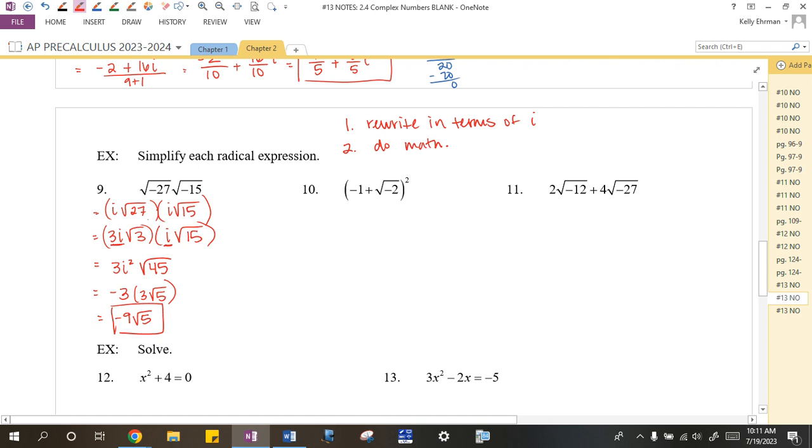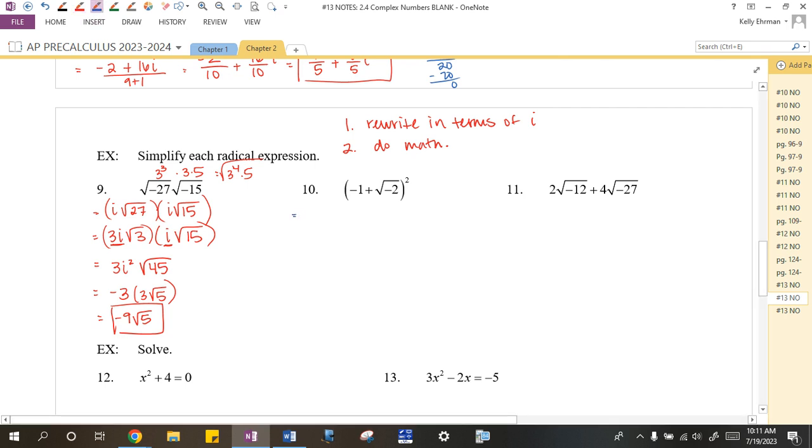If you can't simplify, if this would have been like, oh, I don't know, the square root of 30 times the square root of 15, so no perfect squares to pull out of either, then remember you can break them down into like 27 is 3 to the third, 15 is 3 times 5, and you can kind of see, if you're taking the square root of this, 3 to the fourth times 5, what can I pull out? I can pull out a 3 squared, and I would leave the 5 underneath. So that's another way to work with numbers that you can't simplify right off the bat.